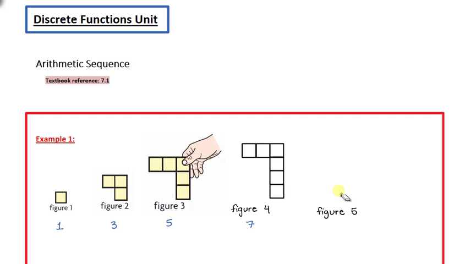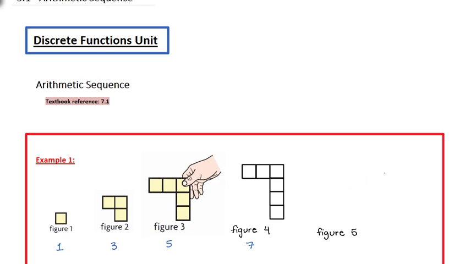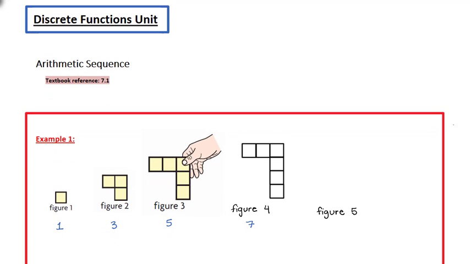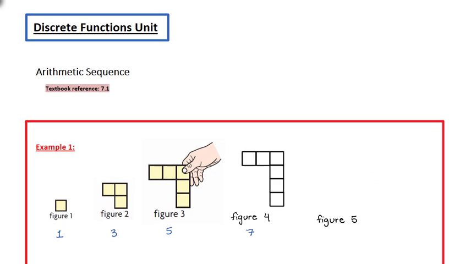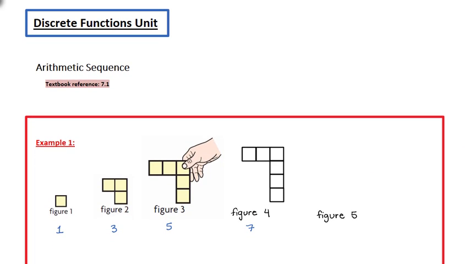Figure 5 would follow the same pattern and look similar to that, which has 9 squares.